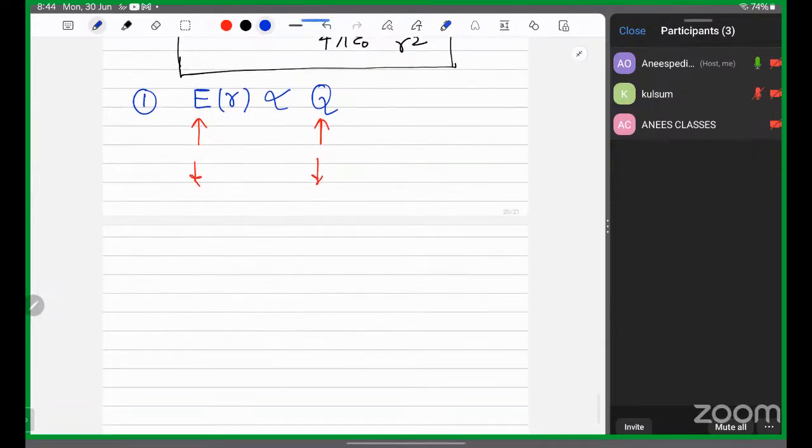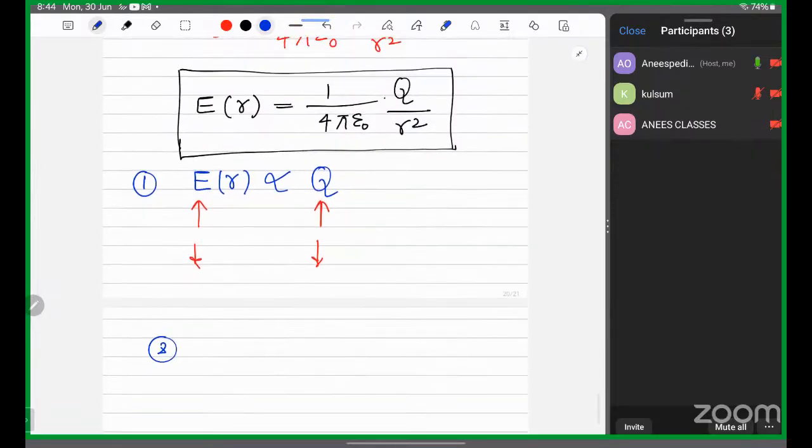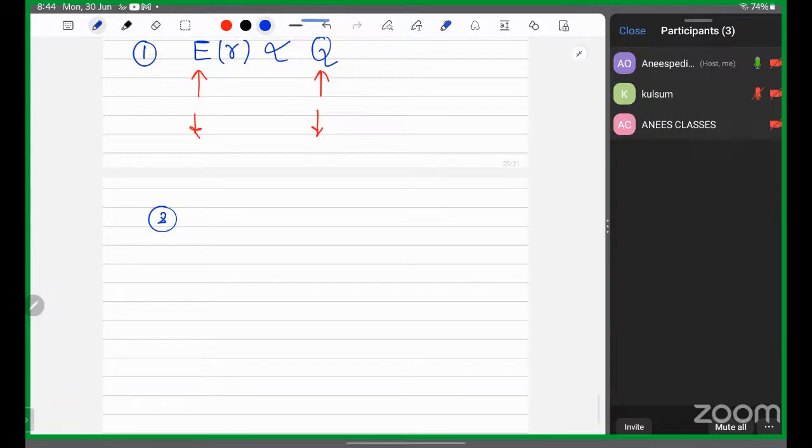The next factor from the formula is obviously R. E as a function of R is inversely related with R square, and when checking the electric field due to a given charge Q, Q is constant.